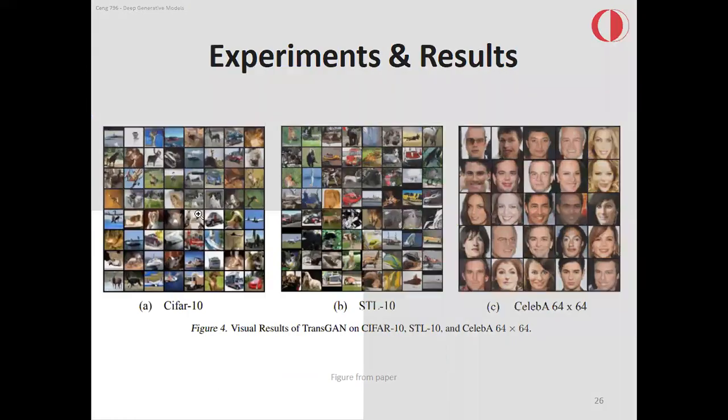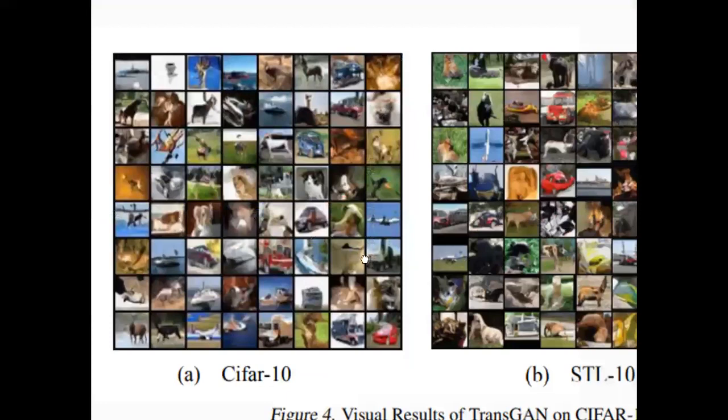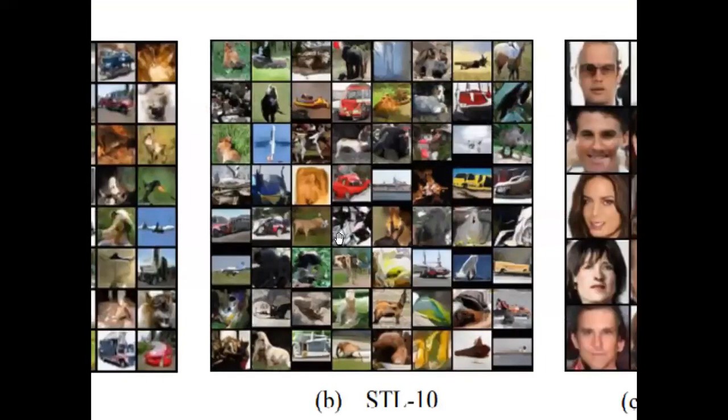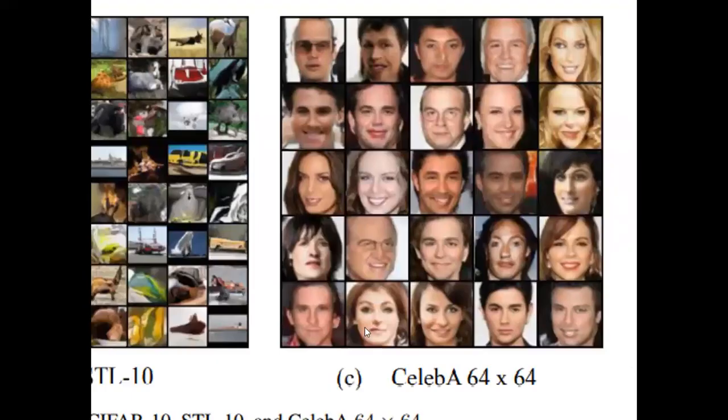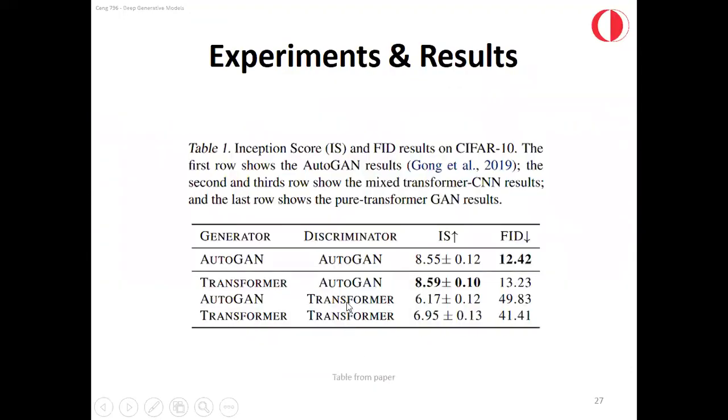As you can see, this is the generated image. Yeah, it's actually competitive with respect to other models. We will see this with the other models. There's also another study where they compare CNNs and transformers as generator and discriminator.